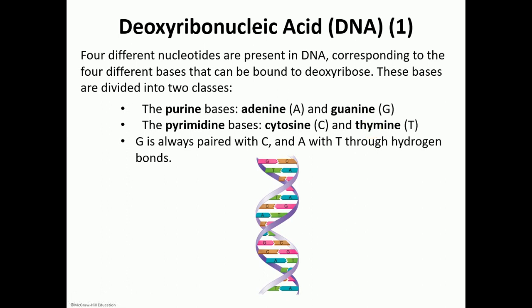In order for them to attach like pieces of puzzles, the hydrogen bonds have to happen between a purine and a pyrimidine. And the rule of thumb is that adenine will form 2 hydrogen bonds with thymine, while cytosine will form 3 hydrogen bonds with guanine. And that will go throughout the whole DNA strand.